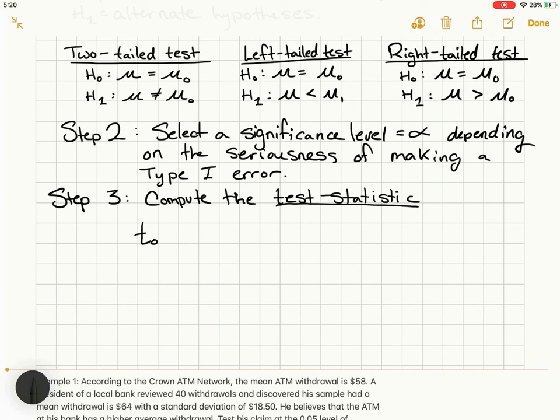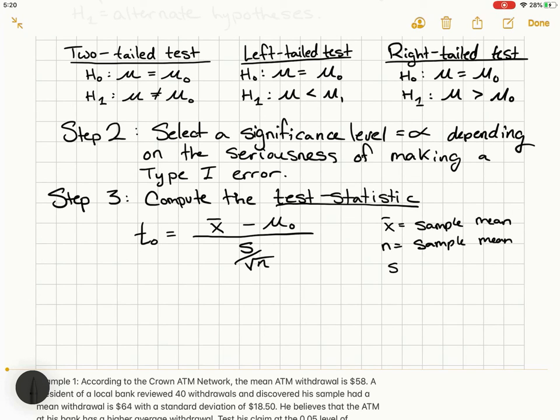Your test stat this time is a t-score, so we're going to say t0 equals the ratio of x bar, your sample mean, minus your specified value, divided by the standard error, s over square root of n. So x bar is the sample average, n is the sample size, s is the sample standard deviation.